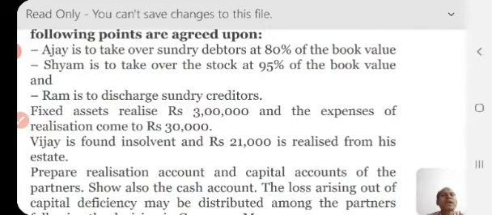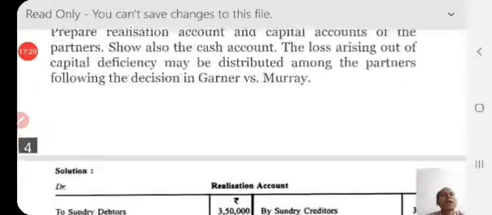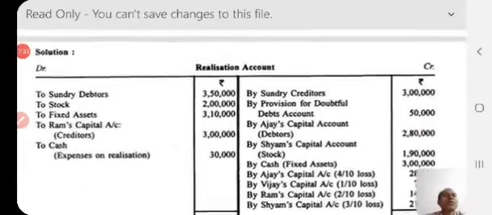Fixed assets realized 3 lakhs and expenses are 30,000. And another important point is that Vijay is found insolvent and 21,000, not the total but a part of the amount, is realized from his estate. Now we are going to prepare the realization account.